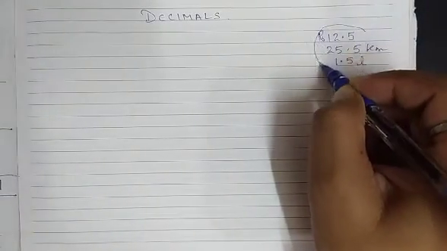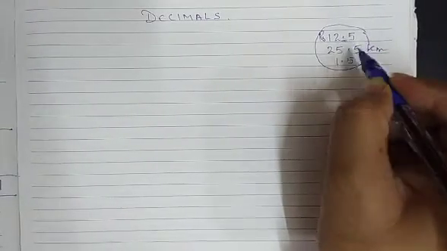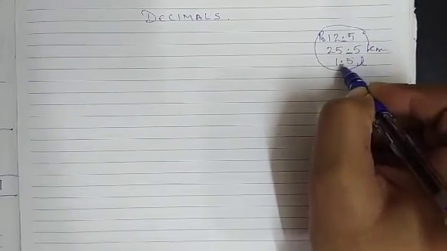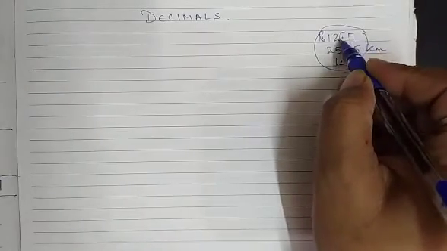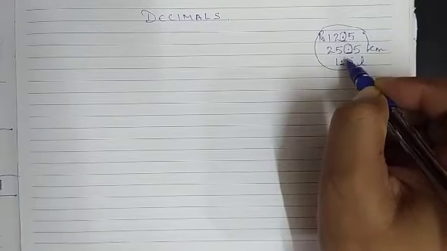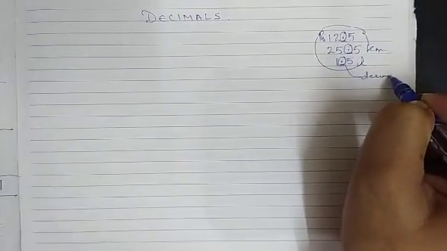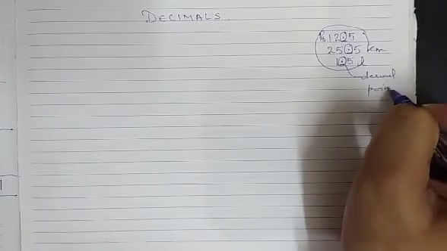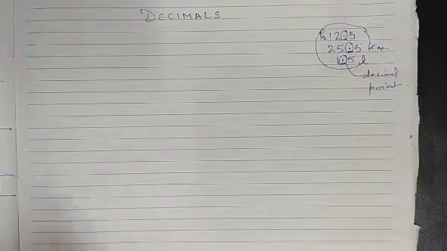What is all this? See, some dot is there. Right? This dot is called decimal point. Clear? Let's talk about some basics.